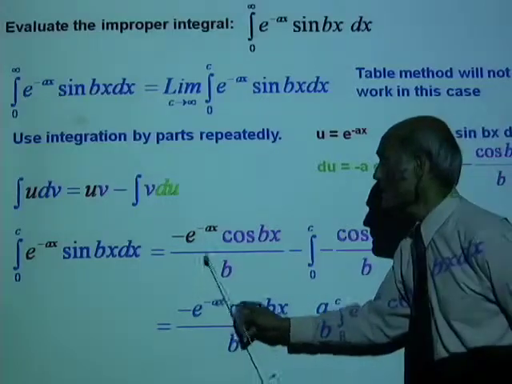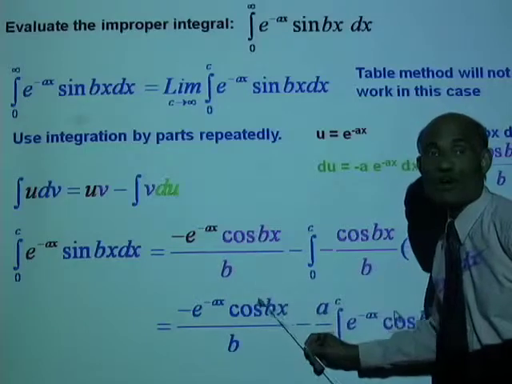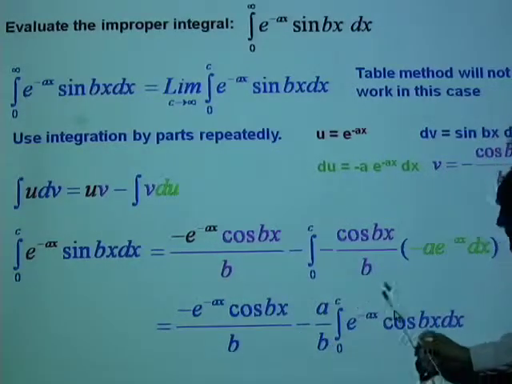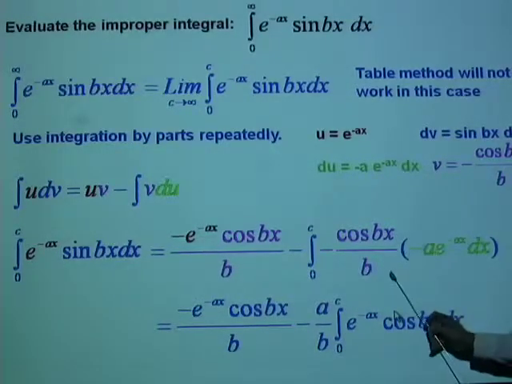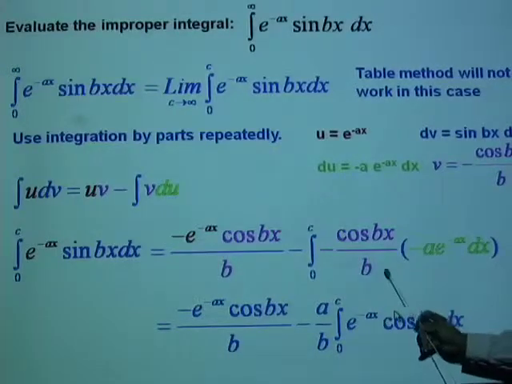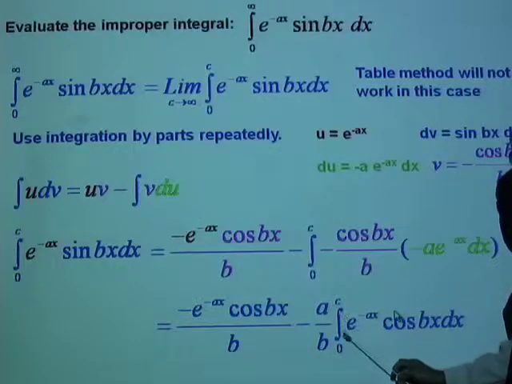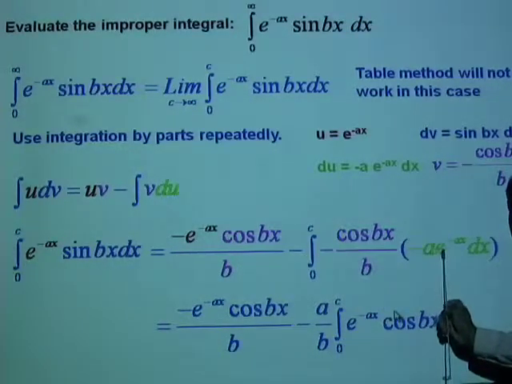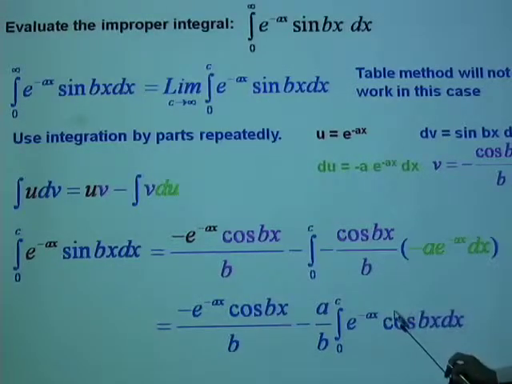So once again, it will be negative e to the power of negative ax cos bx over b minus. Now, there's an a on the numerator, if you notice, and a b on the denominator. We can factor that out. a over b comes out. Integral 0 to c, what is left in here is e to the power of negative ax times cos bx dx. That is what is left there.